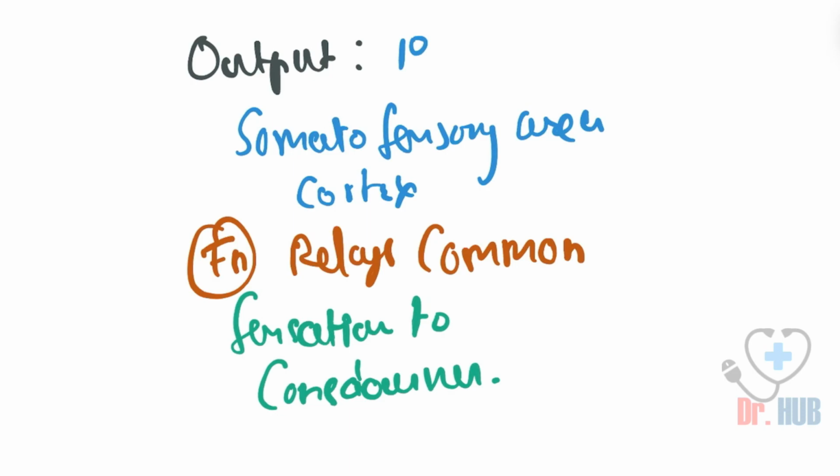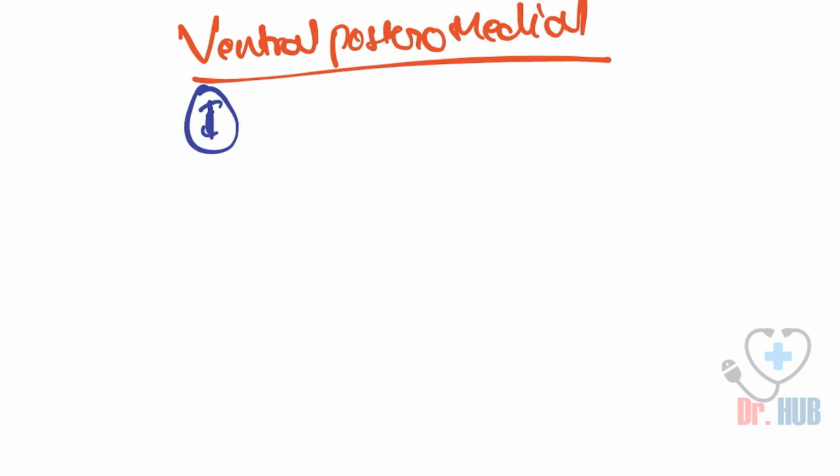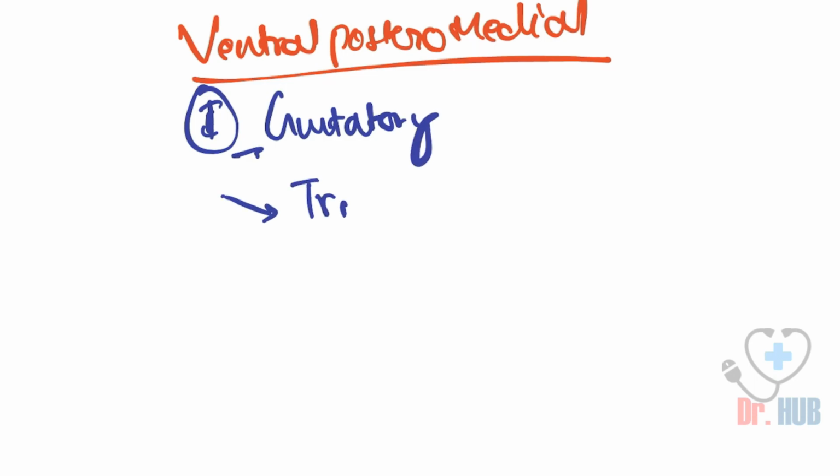Next we have the ventral posteromedial. Firstly we look at the input. The input is gustatory, and the next input is from the trigeminal.